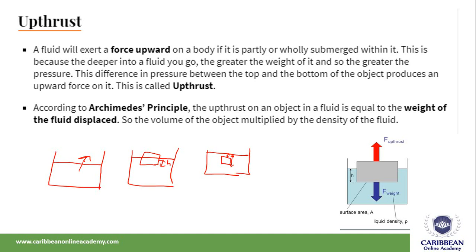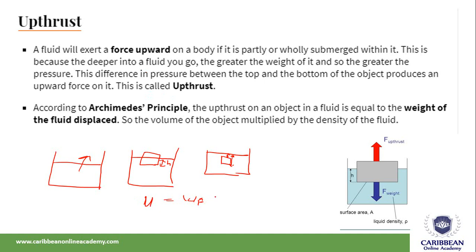There are many other ways we can look at it. If the upthrust, in this case I'm going to use U for upthrust, is equal to the weight of the fluid, we can find the weight of the fluid using several things.